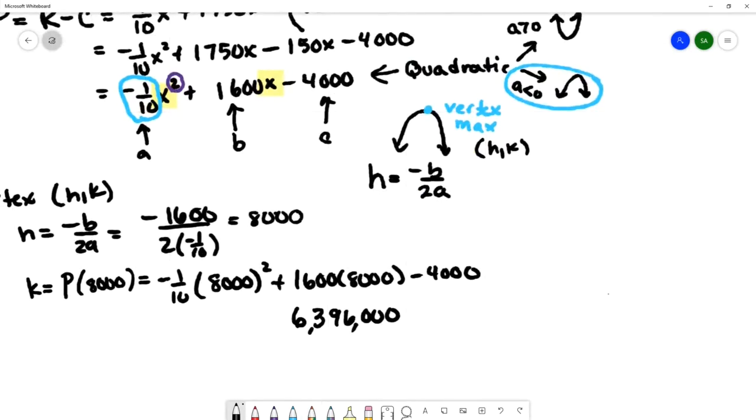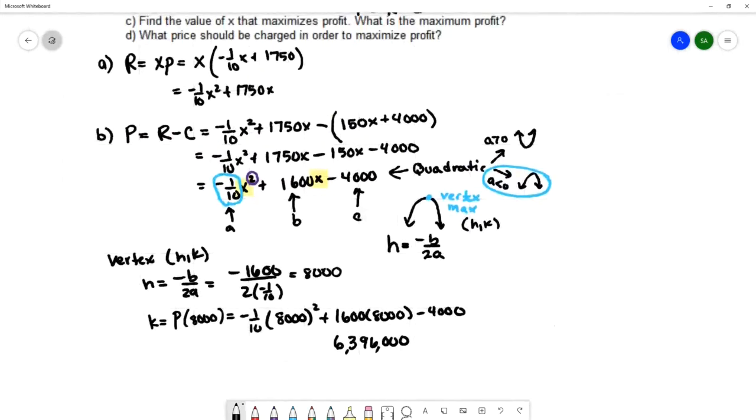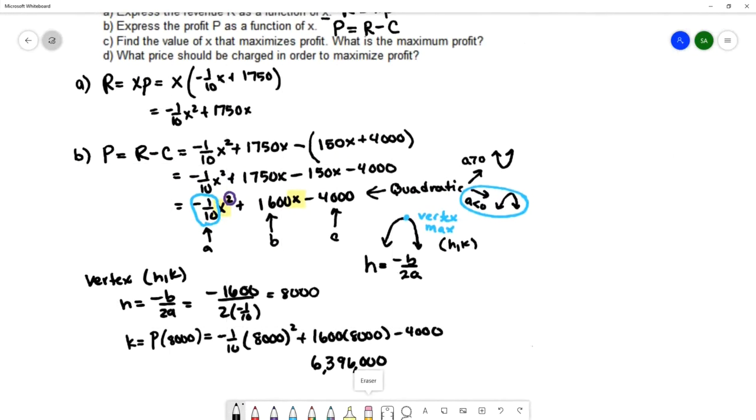I'm going to zoom out just a little bit so we can read the question again. And I'm taking a look at part C. So the work we're doing here is for part C. And in part C it says, find the value of x that maximizes the profit. What is the maximum profit?